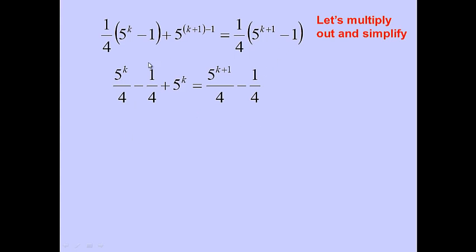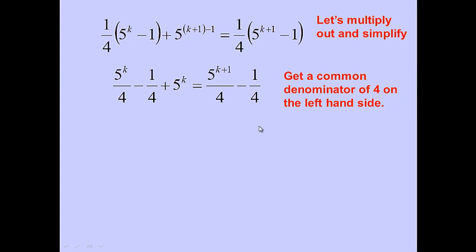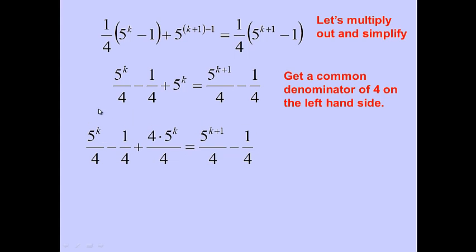So we have the minus 1/4 on both sides, but let's get a common denominator here so we can get everything over 4. So notice here we have 5 to the k over 4 minus 1 over 4 plus 4 times 5 to the k over 4. So we've gotten a common denominator for this part right here.